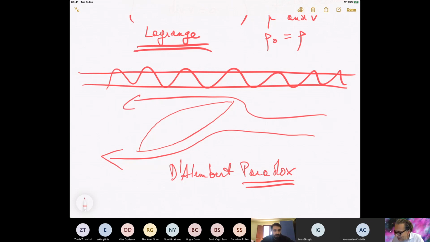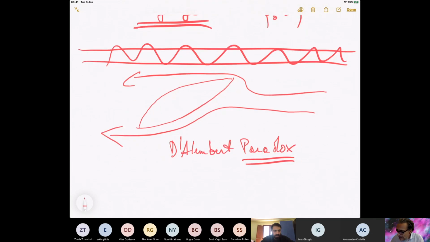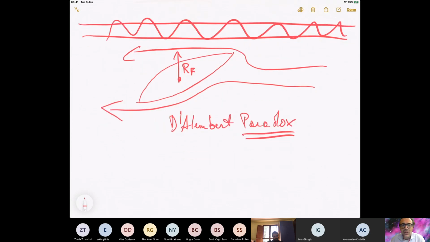Everybody has experienced the fact that the wing experiences a resultant force exerted by the fluid flowing around it, and this force is the force which allows airplanes to fly and allows birds to fly.